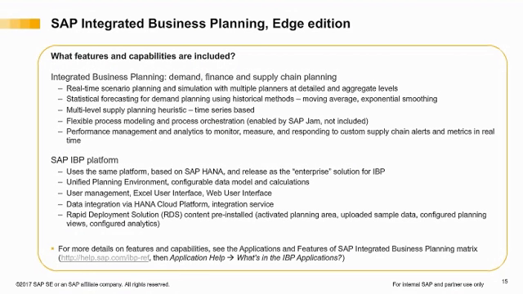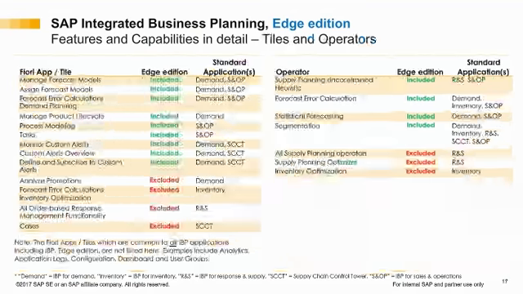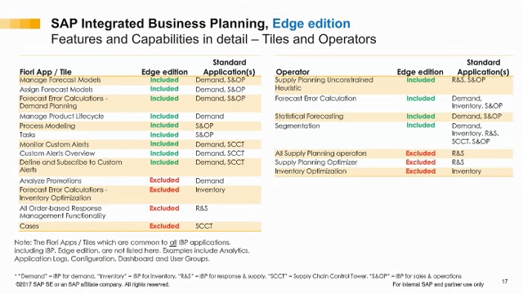In the next 2 slides, we give you a high-level overview of the capabilities included in SAP IBP Edge Edition. Take some time to quickly review the general capabilities included in IBP Edge Edition. Take some time to quickly review the capabilities included in IBP Edge Edition in terms of tiles and operators.